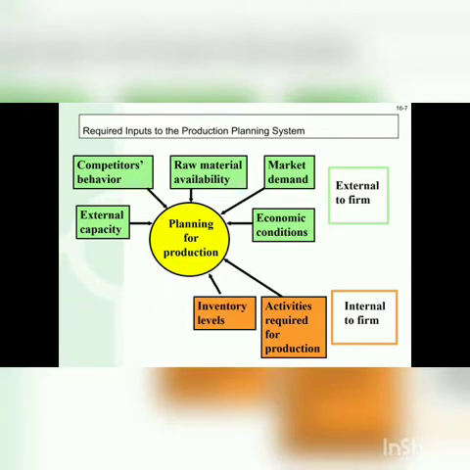Then we must check the inventory level. Inventory of the finished product should also be checked, and after that inventory of the raw material and semi-finished product must be checked properly.